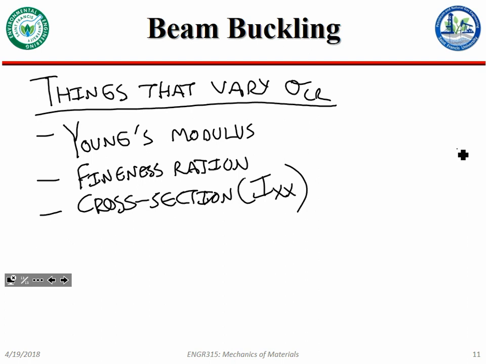Okay, so the boundary conditions matter, because if I have this beam and I'm holding the two ends so that they must stay straight, you might think that'd be harder to bend the middle than if I allowed both ends to flex. Then it'd be relatively easy to bend the middle because there's nothing really resisting it. So how we describe the boundary conditions is going to change when a beam buckles.